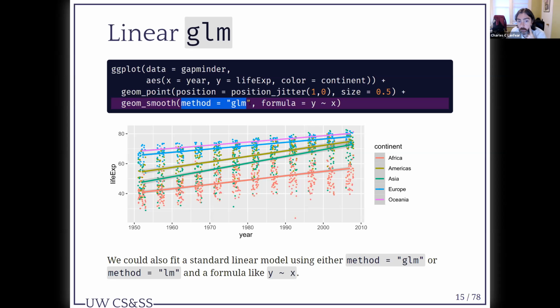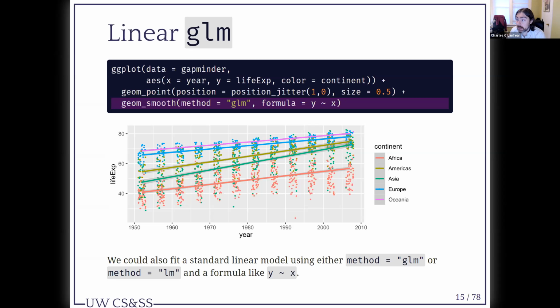I'm saying here, I want it to calculate a generalized linear model, a GLM model, with a formula of y tilde x. This just says the y variable life expectancy is dependent on the x variable year. This is the exact same sort of conditional mean relationship as before, but because it's a GLM model, the line has to be straight. Okay? That's all that's happening here.